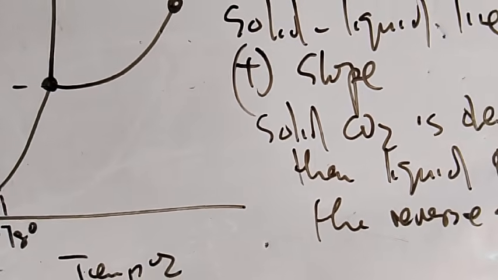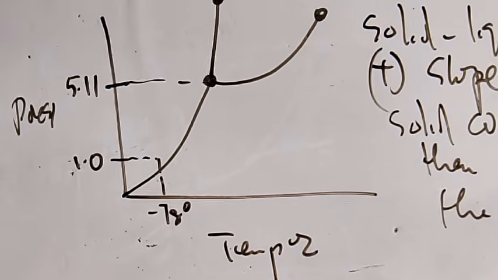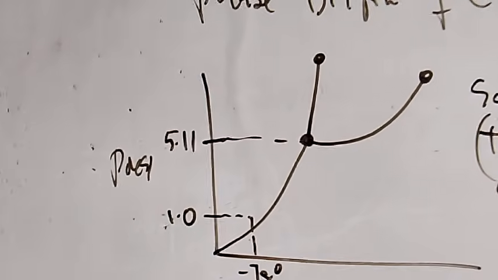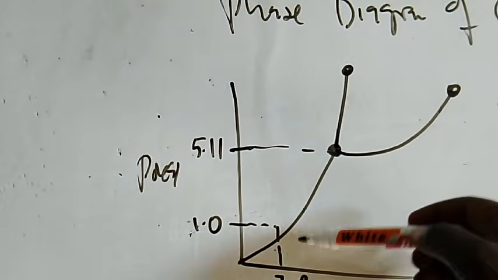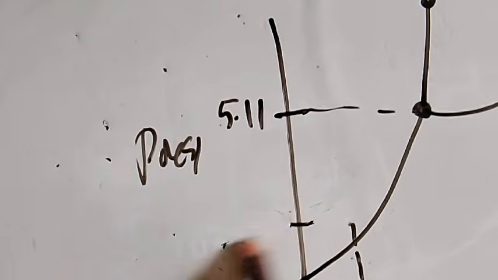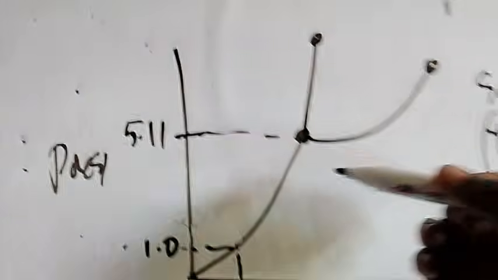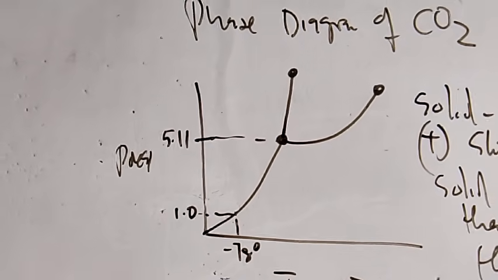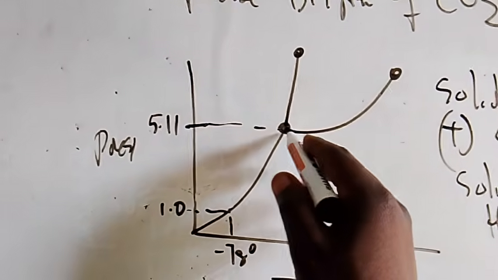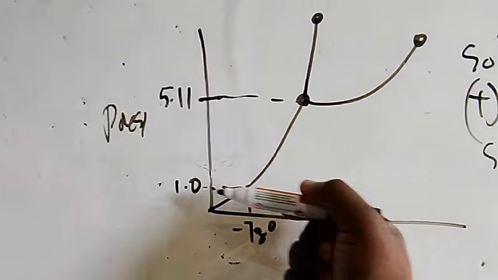So the only special thing about this diagram is the position of the triple point. You can see here the triple point for carbon dioxide is way above 1 atmosphere. The triple point occurs at 5.11 atmospheres. But for water the triple point is below 1 atm.